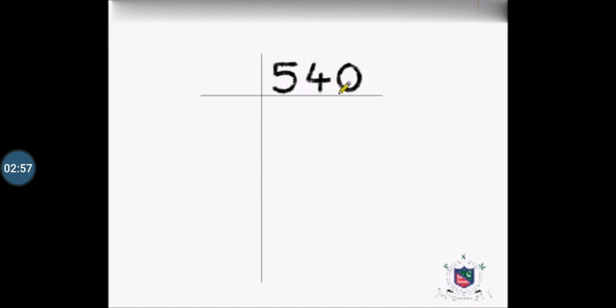As we can see that 540 is an even number, so we can start the division by 2, which is the smallest prime number. So we shall do the division by 2, and we have to write the quotient here at the downside. So 2 2s are 4, 2 7s are 14, and 2 zeros are 0. And here we got the quotient as 270.